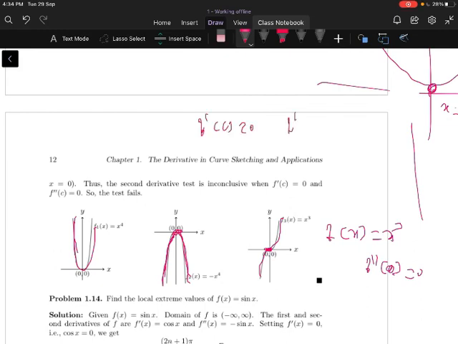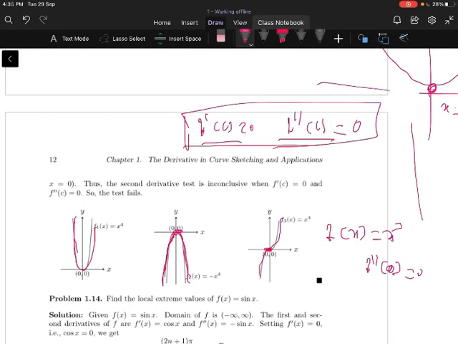Therefore, we can conclude that if f dash of c is equal to 0 and f double dash of c is 0, if f double dash of c and f dash of c both are 0 at x equal to c, we cannot conclude whether this function has a local maximum or local minimum.